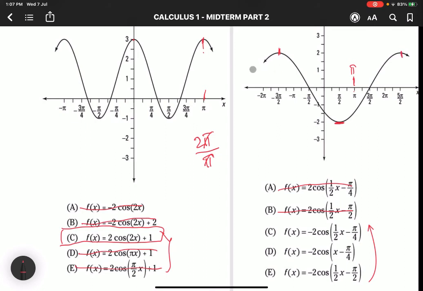Yan. So, 2, 1, 2. So, meron tayong 1, 2, 3, 4, no? Okay? 4 na pi. Okay? So, meron period tayo na 1/2. Okay? Kasi 4 pi, no? So, i-cross out na natin to. Okay?